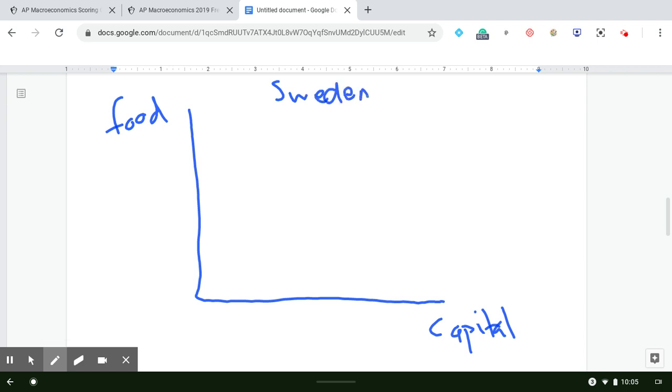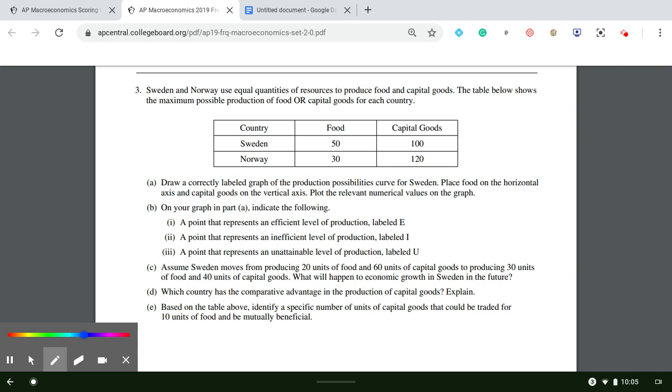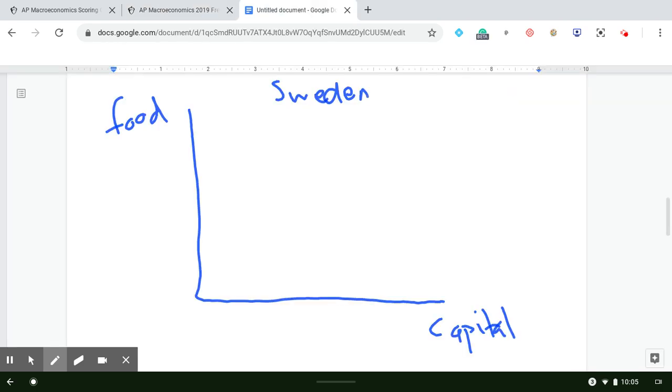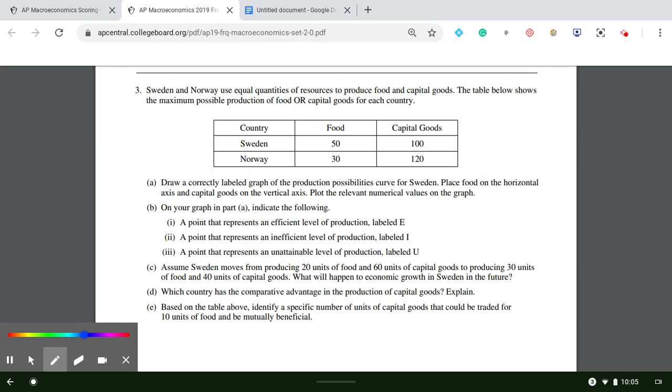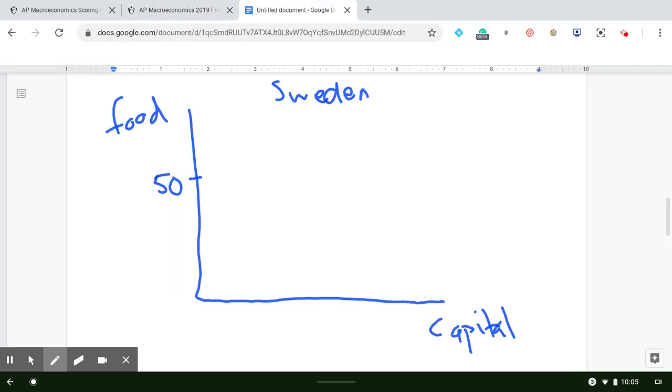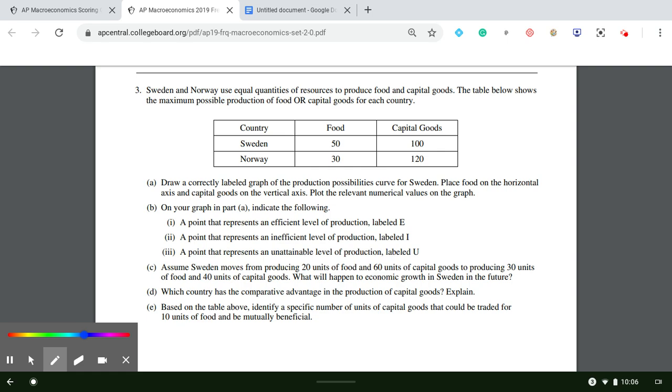They can produce 50 food versus 100 capital goods.